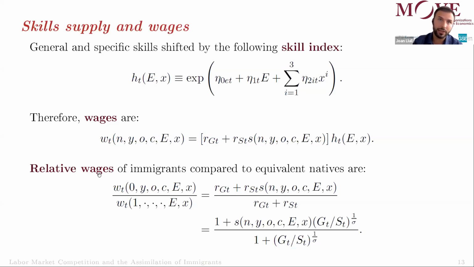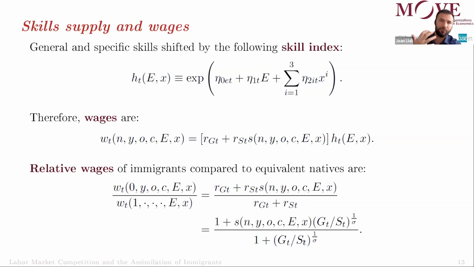So then the relative wages of an immigrant compared to the equivalent native, meaning the native with the same education and experience, is given by this expression over here. Once you divide everything by R_G_T, you can get this expression here at the bottom. So what we have here essentially is the ratio of 1 plus S times relative prices, over 1 plus relative prices.